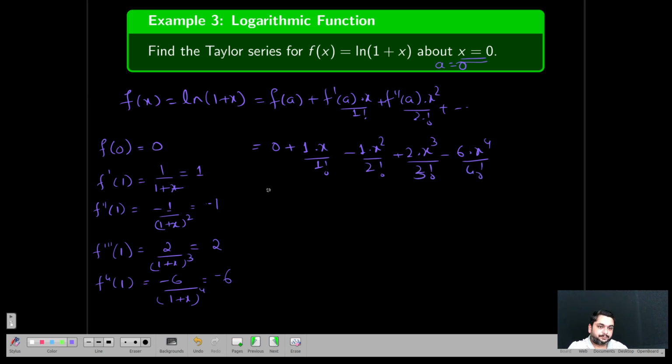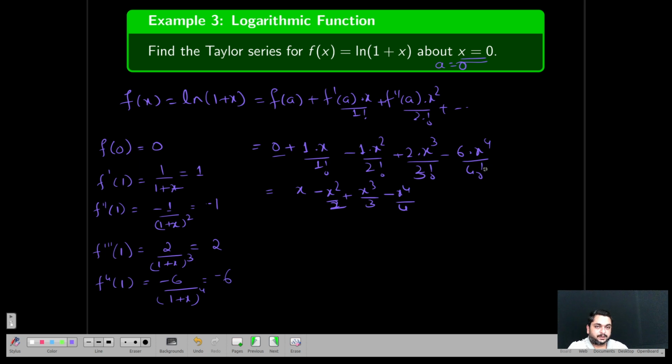Now you simplify this. So let us ignore this 0. x minus x square by 2 plus 2 divided by 3 factorial. So 3 into 2, the 2s cancel. So x cube by 3 minus, how will you solve this? x to the power 4 by 4.